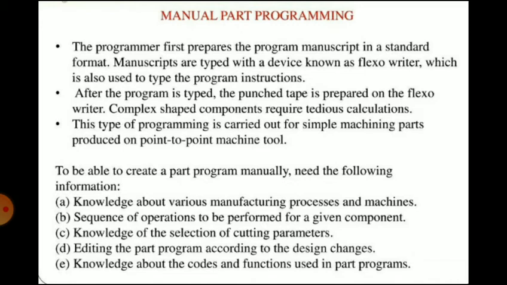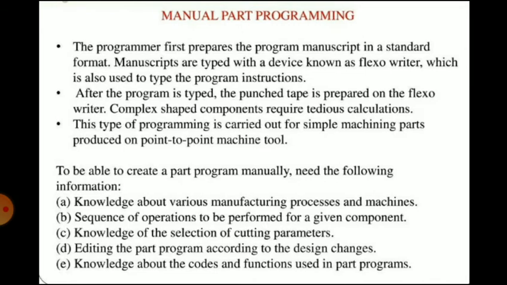Then the sequence of operations to be performed on a given component. Knowledge of the selection of cutting parameters. Next is editing the part program according to design changes, and knowledge about the codes and functions used in part programs.